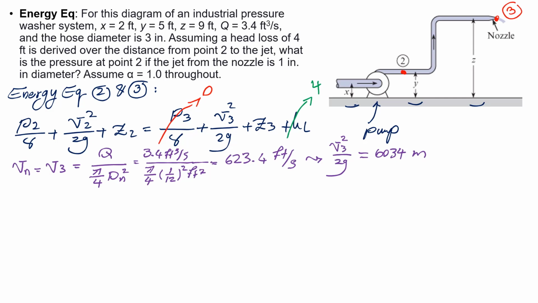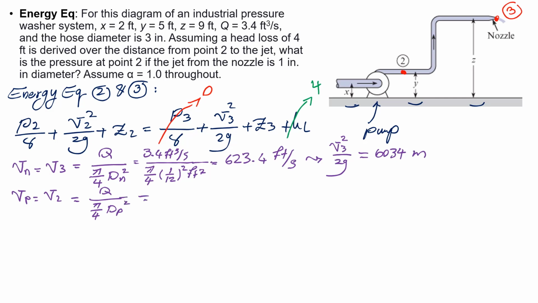Now we need to do the same thing for velocity in the pipe, which is V2, right? If you write down the equation, it would be exactly the same as the equation for velocity at the nozzle. The only difference is that instead of having dn, we have d pipe or d hose to the power 2.